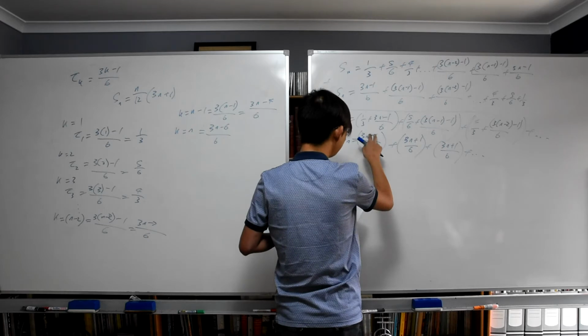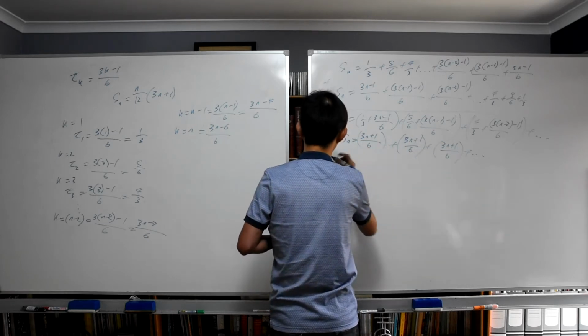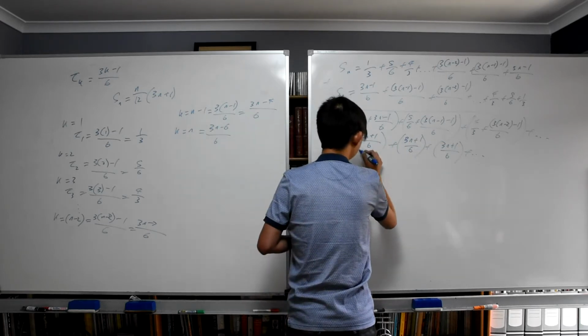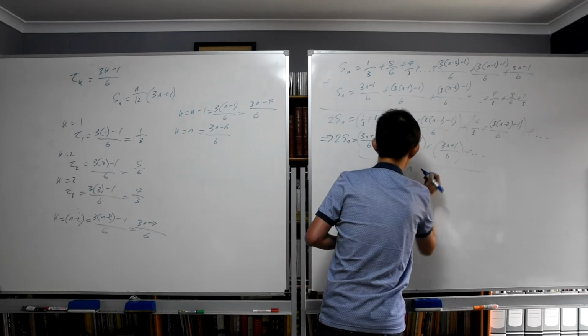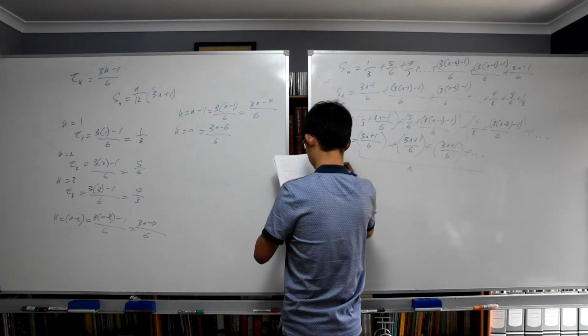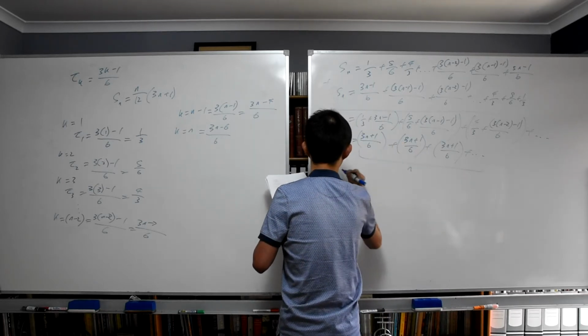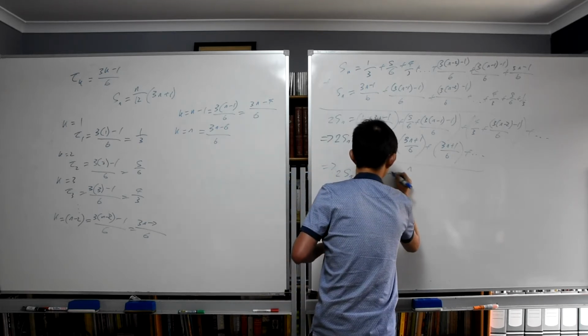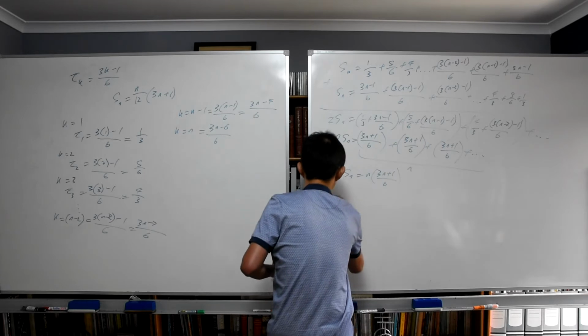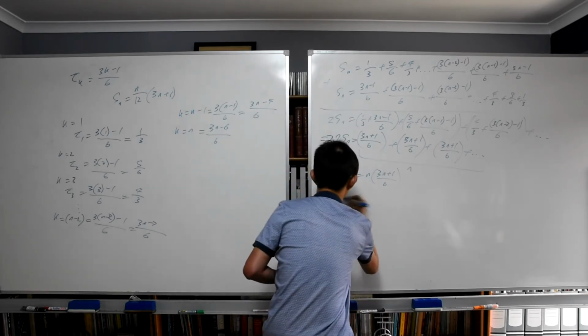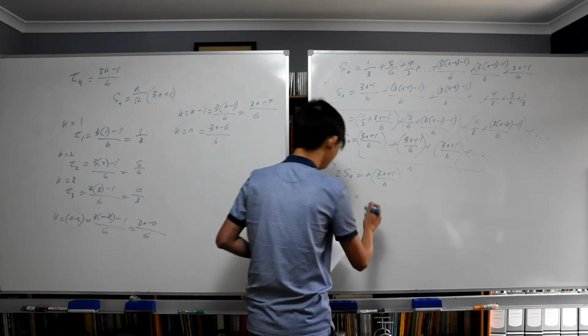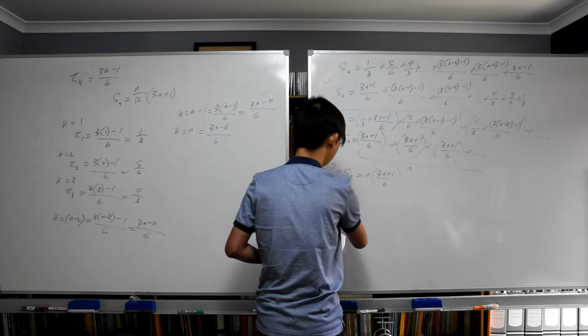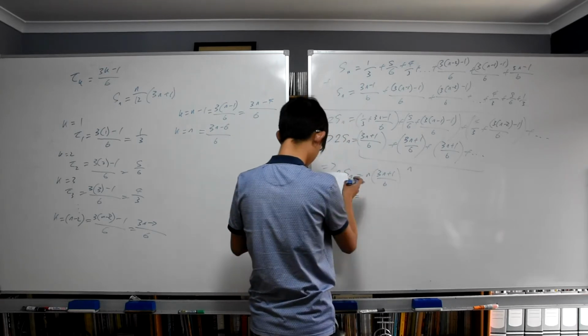But how many 3n plus 1 over 6's do we have? We have n of them. So 2S_n equals that. Let's bring the 6 outside, and let's bring this 2 to the right hand side.